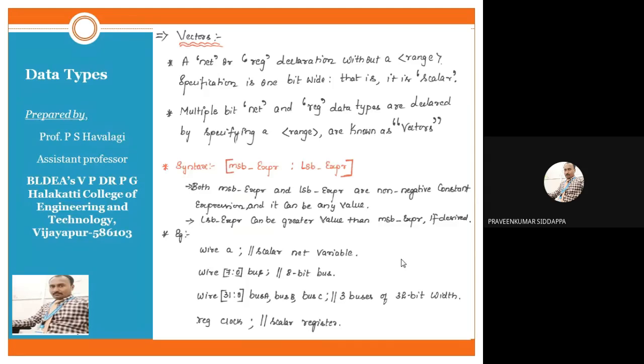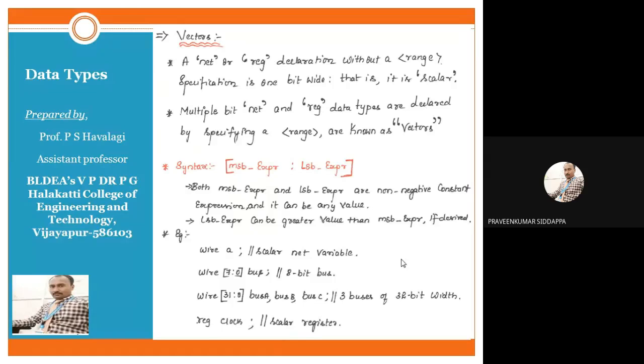A vector is a group of elements, and all of those elements are similar. Whenever we initialize a vector in Verilog, we use square brackets. Remember that square brackets indicate vector initialization.